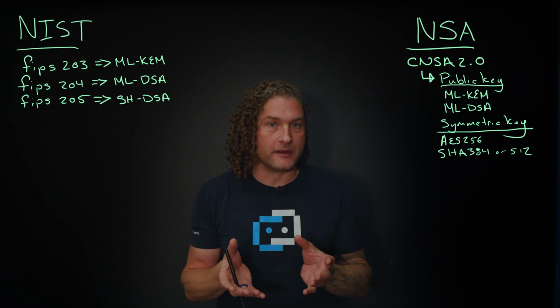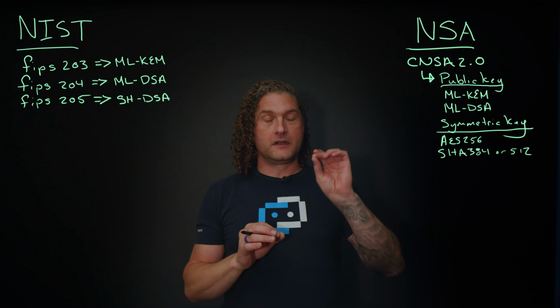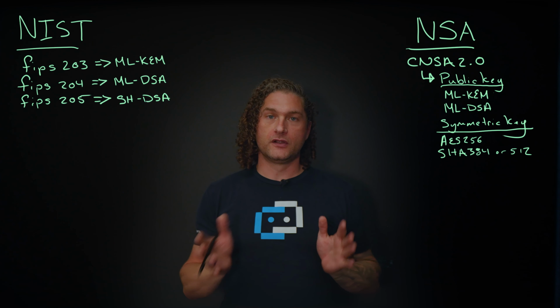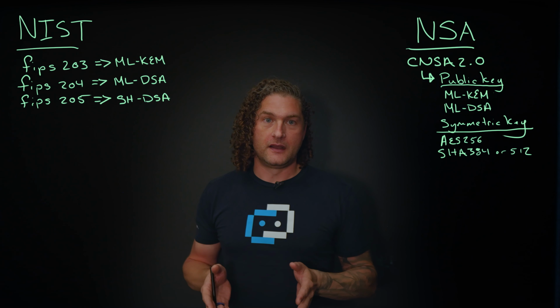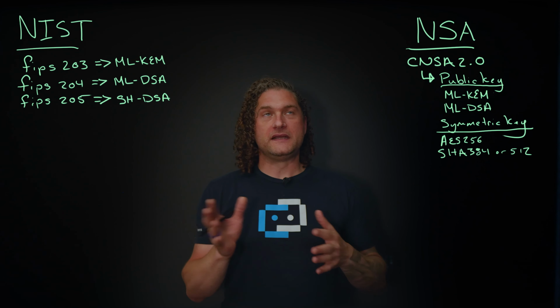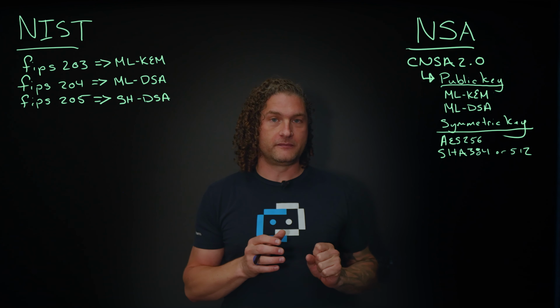Why do we call it hybrid? It's because we're still allowing classical cryptography to coexist with these quantum secure cryptographic methods. FIPS 203 replaces one of the older FIPS, but it's actually talking about a key encapsulation mechanism.